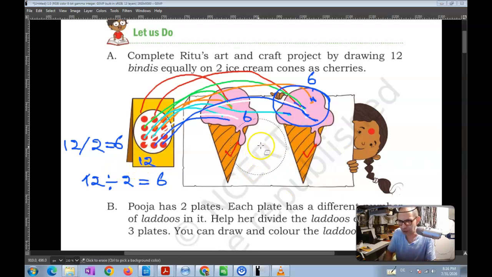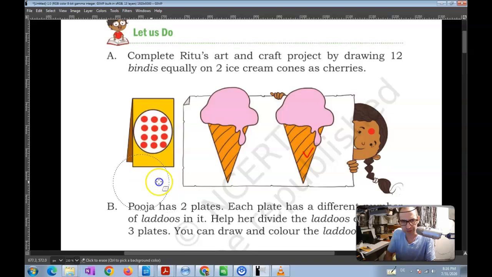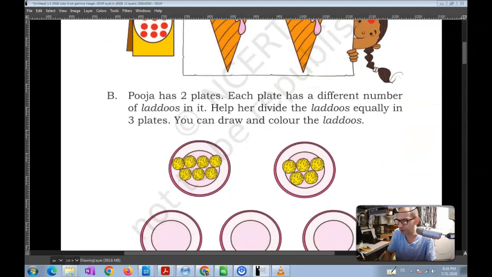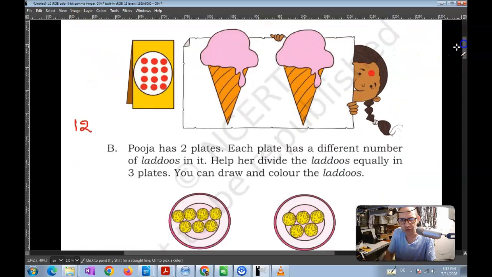Now again, what happened here was the same story, meaning that I had these 12 bindis, and in the first round, well, I didn't know how many each ice cream would get in the end, but then I took away 2 of them, and I was left with 10.